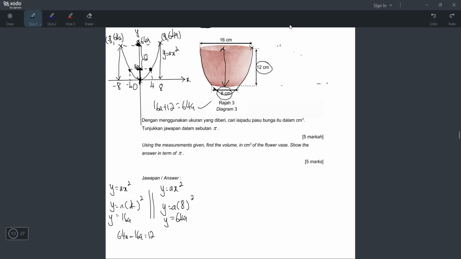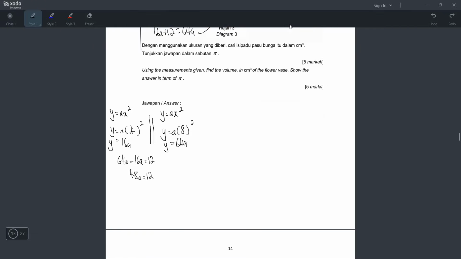So now we can calculate my a, and after I calculate my a, I know already this value and this value. So let's calculate. 64 minus 16. So I'll get 48a equals 12. So now I can get my a. 12 over 48 is 1 over 4, right? So let's update my diagram now.